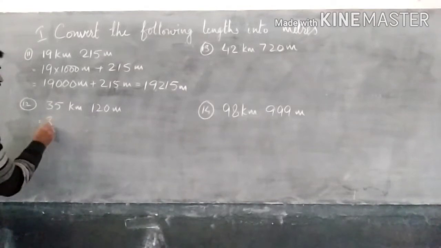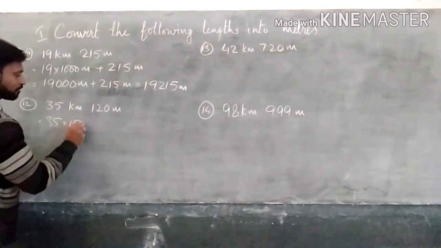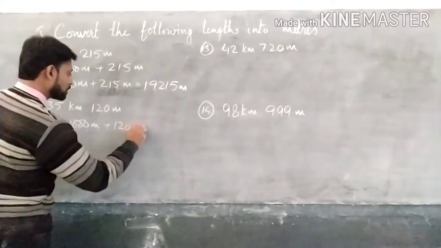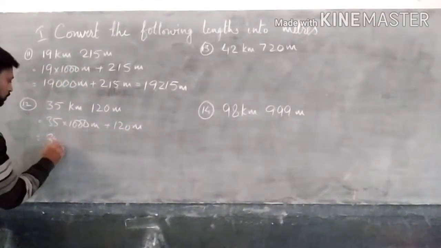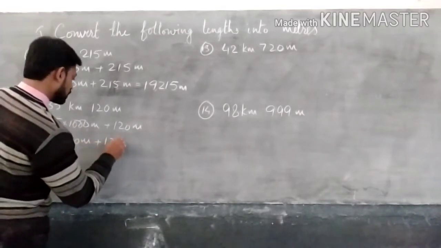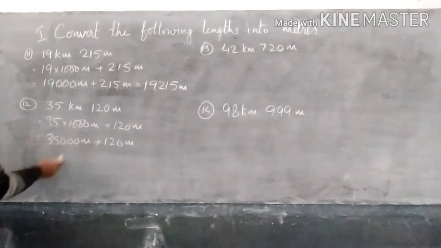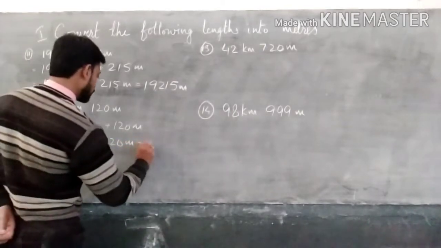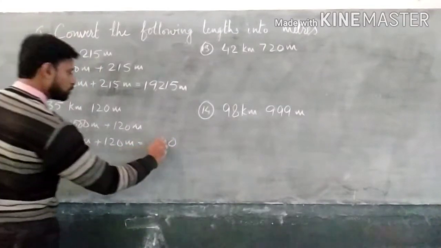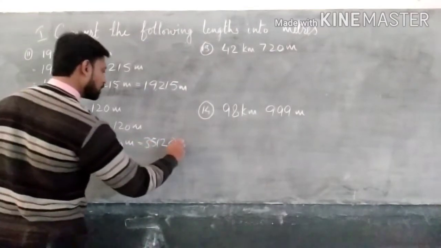Now here, say 35 kilometers, convert this kilometer into meters, plus 120 meters. Then add this 0 with the 0. So you can write here 0, 2, then 1, then 5, then 3 meters.